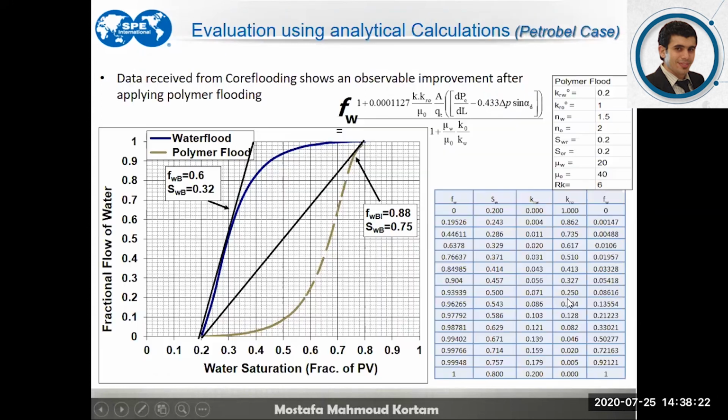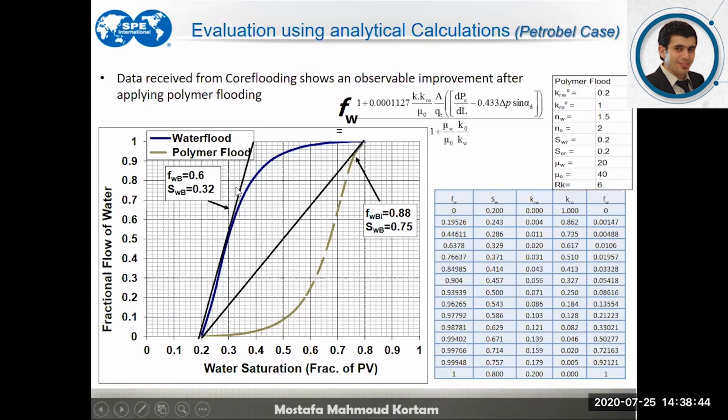So combining all the previous parameters, relative permeability and the mobility ratio and so on, and drawing the fractional flow curve versus the water saturation in order to predict the performance of the waterflooding, we would have a breakthrough.